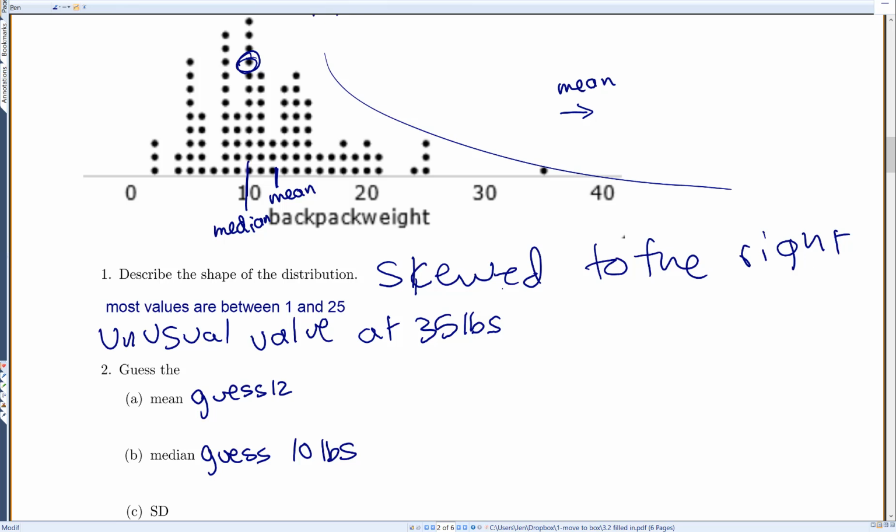If I was going to guess the standard deviation, again, on the test, this is always multiple choice, and your choices should be far enough away that you should be able to guess pretty easily. But if you remember, most data should be within 2 standard deviations of the average.